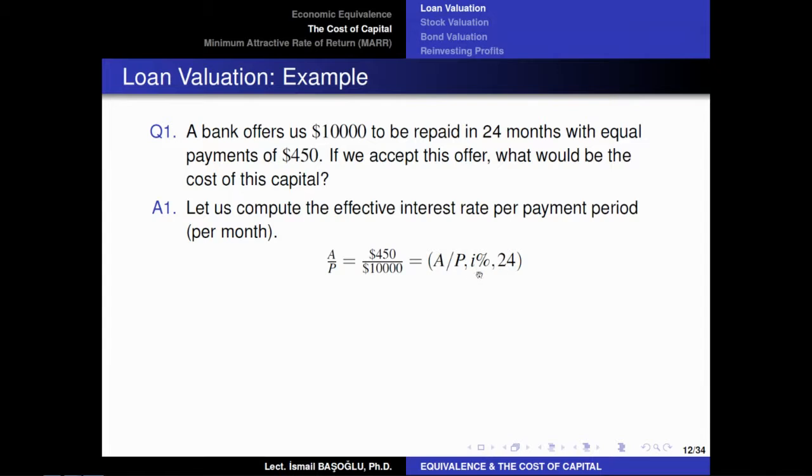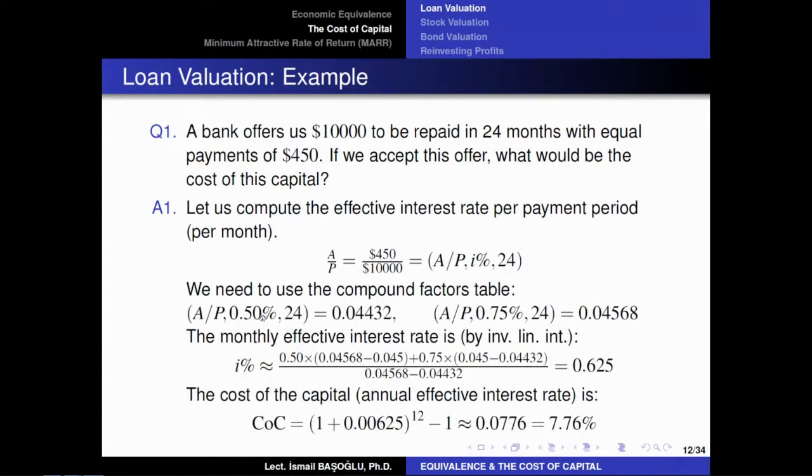So we are interested in the monthly effective interest rate that creates this equivalence. What is the applied monthly effective interest rate? Of course, we need to use the compound factors table to determine the corresponding interest rate here.